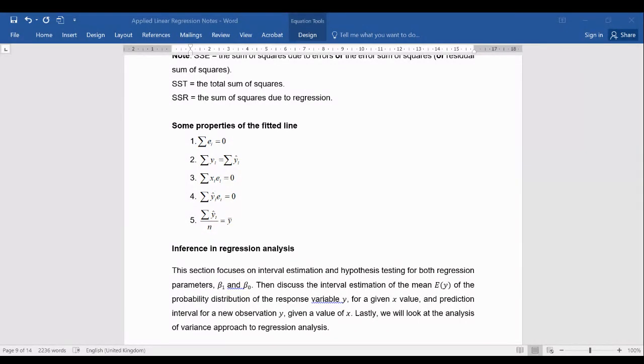The second one is that the sum of yi is equal to the sum of yi hat. So we are going to look at that.